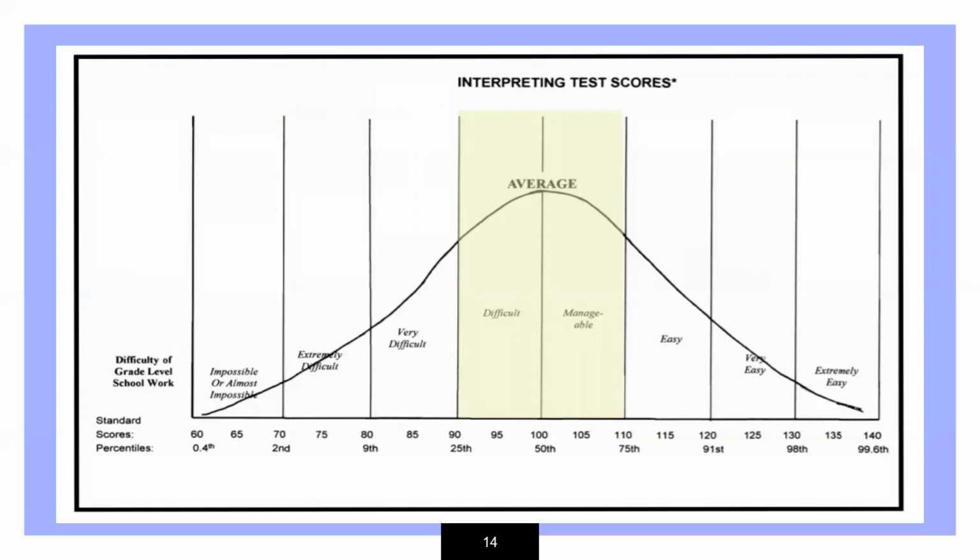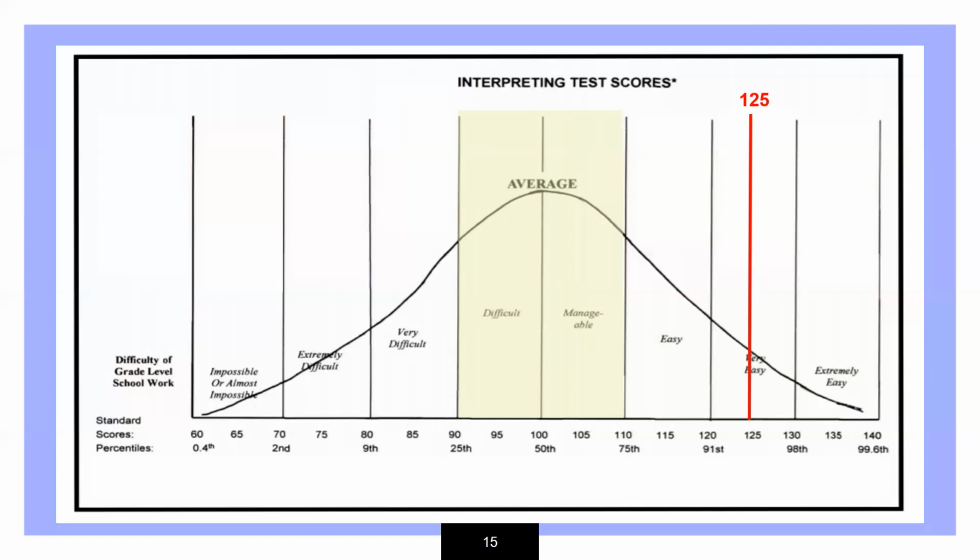All right, so let's go now to the right side of our mean point, our average. So we've got our mean of 100 and now I've got a score of 105. Now that I'm going to the right of the mean, things in school are going to be a little easier for me. And if I went even further, I can see with my descriptive language, I've got a standard score of 125.